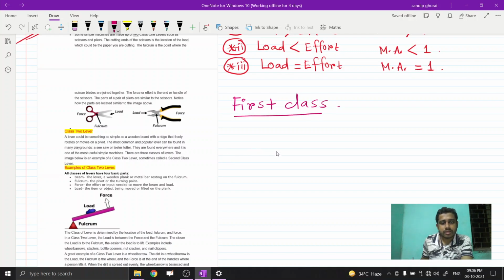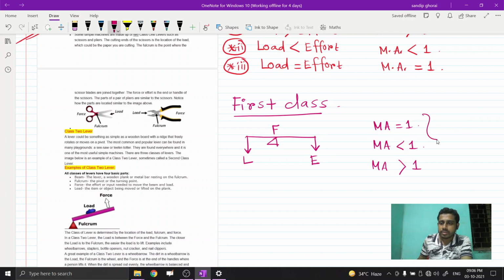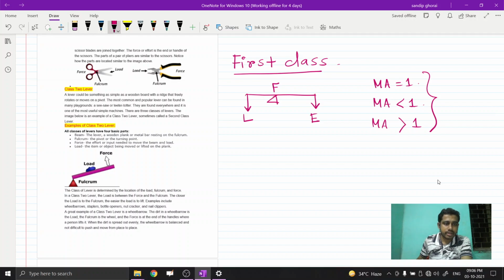Here is the fulcrum, and we put the load on one side and the effort on the other end. In this case mechanical advantage can be equal to 1, less than 1, or greater than 1. There are three possibilities for first class lever.